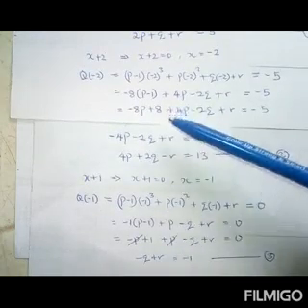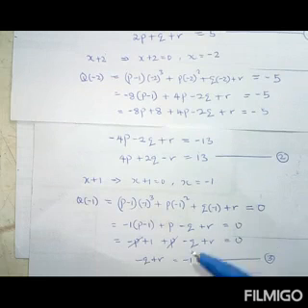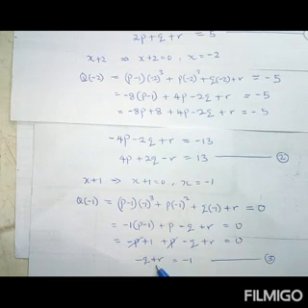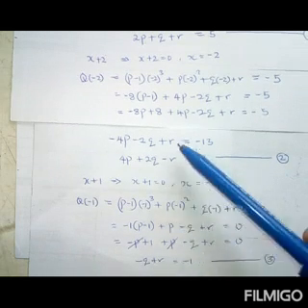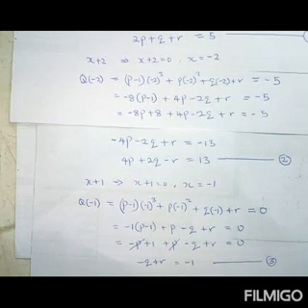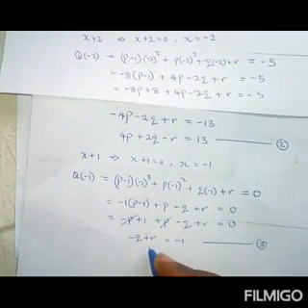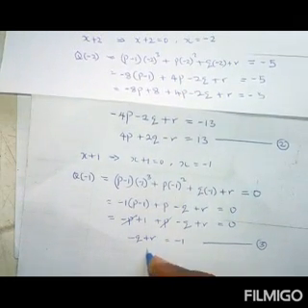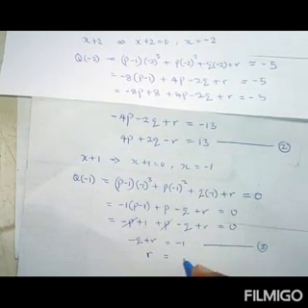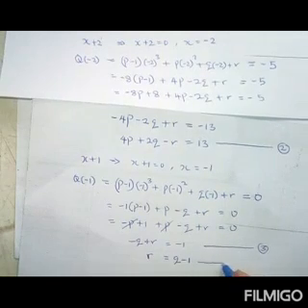I can decide to remove p in these two equations and solve simultaneously, or I can decide to substitute one letter here in these two to solve simultaneously, and that is what I will do. So in this equation 3, I will make r the subject. r will be equal to q minus 1, equation 4.